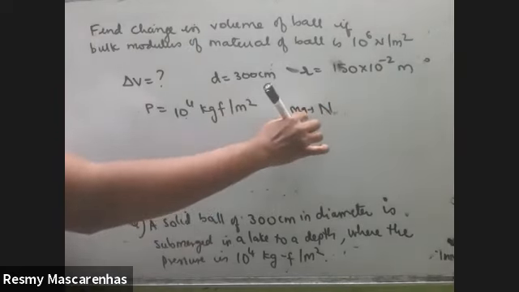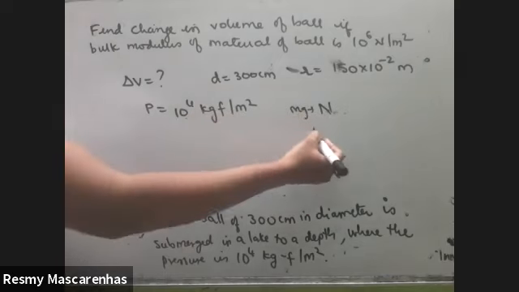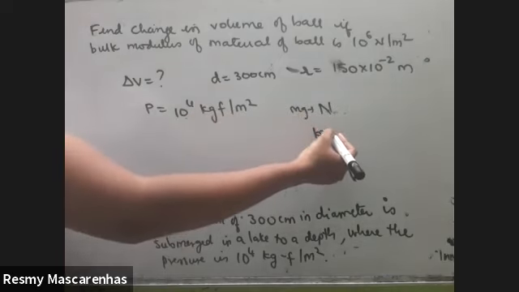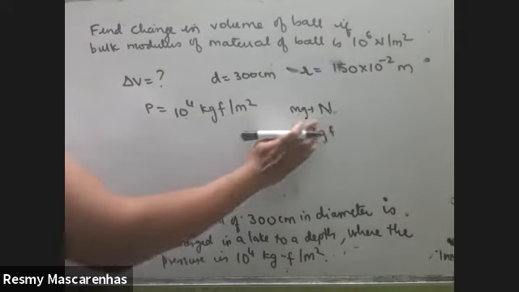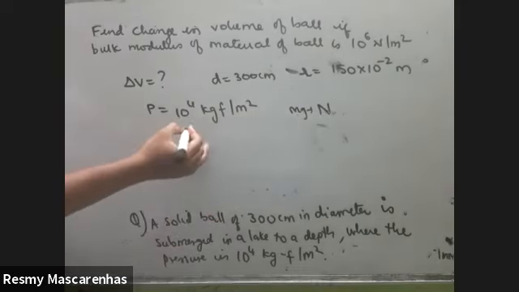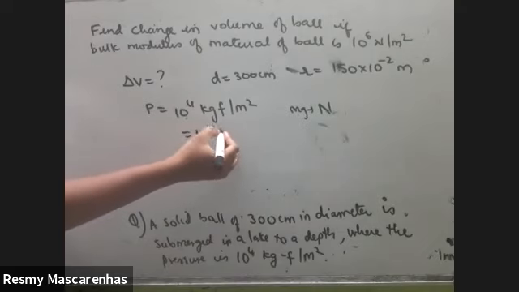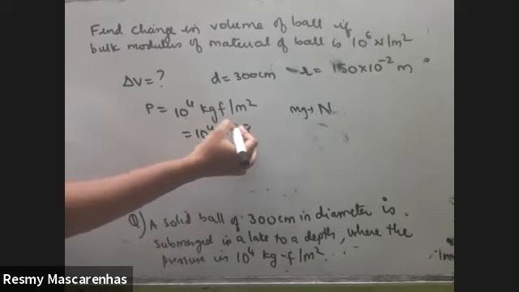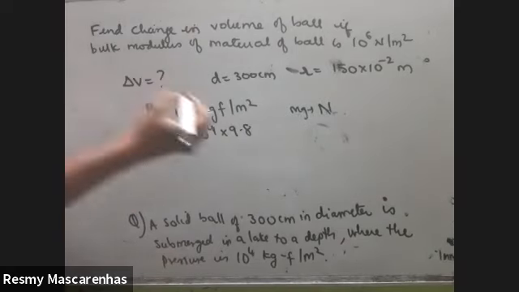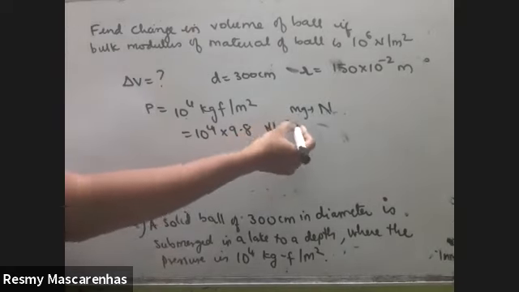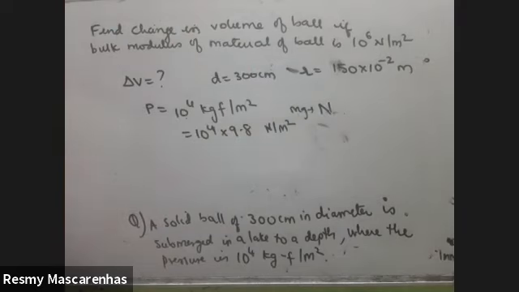But whenever they write F and not in Newtons, then that 9.8 is missing, so you'll have to multiply it by 9.8. Then it would become Newton per meter square. Only if it is kgf, you have to do like this.